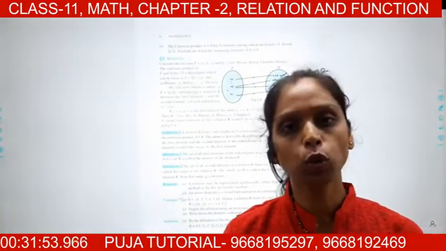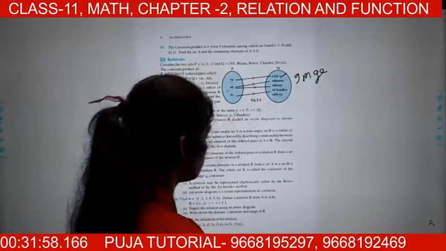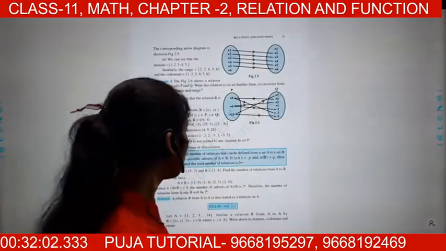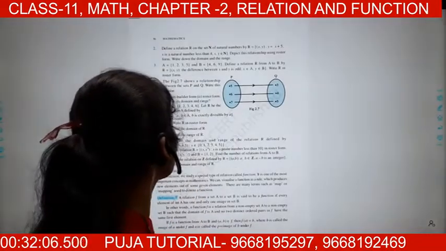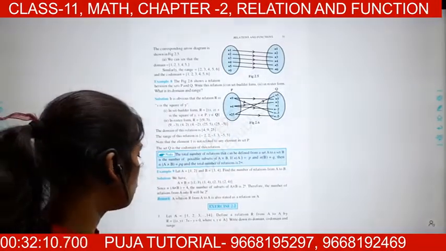Then this is the notion of the relation, and I think you have understood this notion in a very clear way. Now let's start the question answers of this chapter, number 2.2.